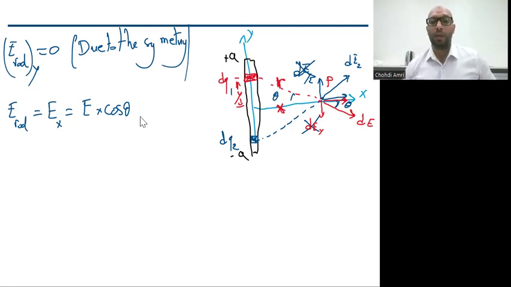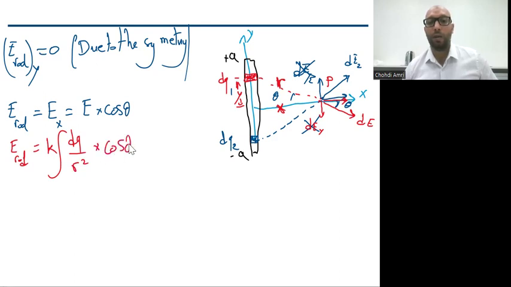So what will be this expression? The electric field of the rod, we said, is E multiplied by cosine theta, and E equals k integral of dq over r squared multiplied by cosine theta.